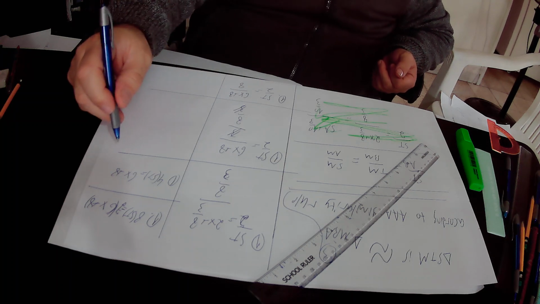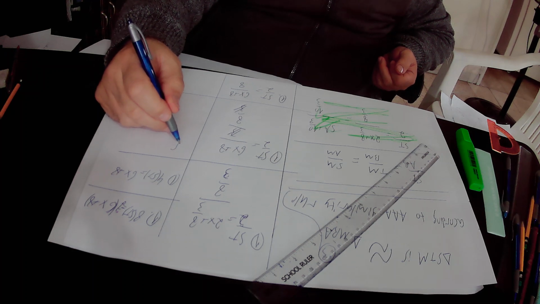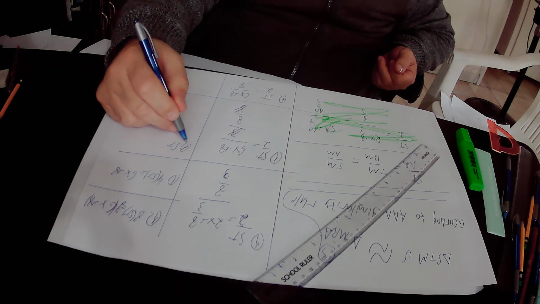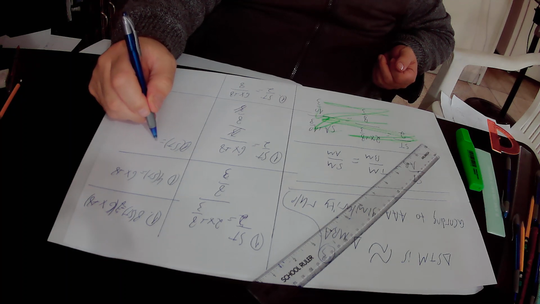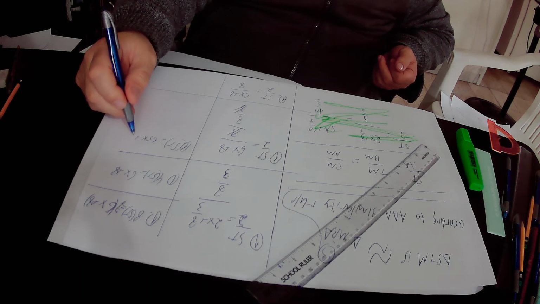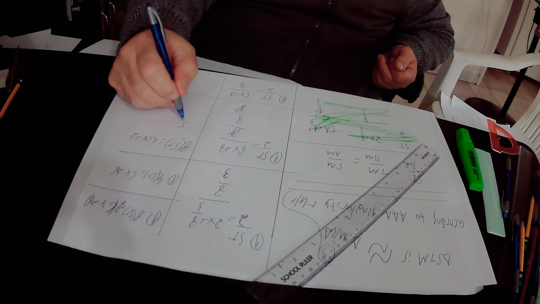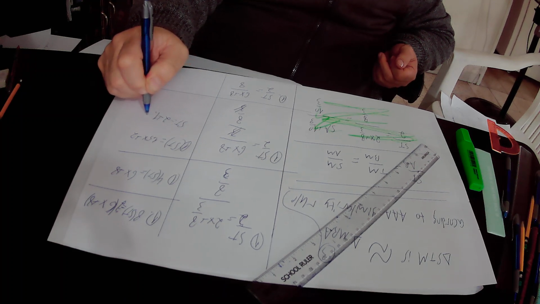Here we'll divide this equation 1 by 4, and finally we get that, according to equation 1, ST equals 6x over 4, which is 1.5x, plus 8 over 4, which is 2. So in conclusion we found out that ST equals 2 plus 1.5x.